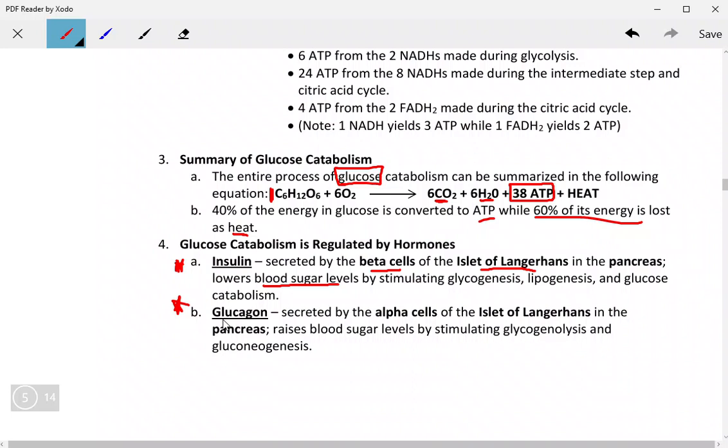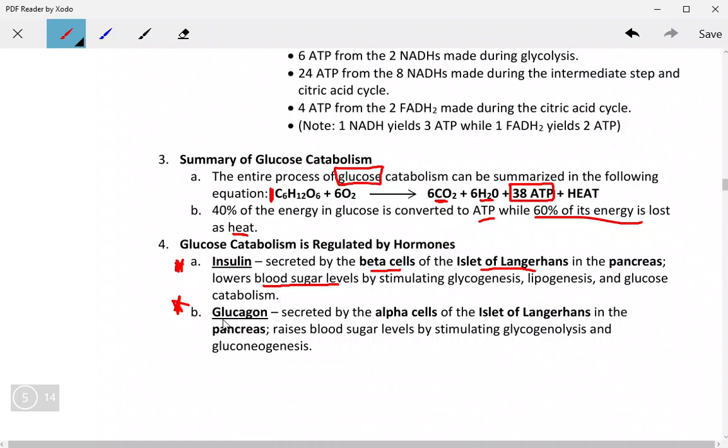I said the brain is one of those organs that has cells that are highly dependent on glucose. This is why it is important to have a normal blood glucose level. So glucagon will play a role in keeping this homeostatic state in check. It is released when the blood glucose level is lower than normal.